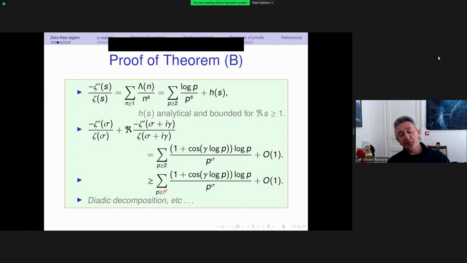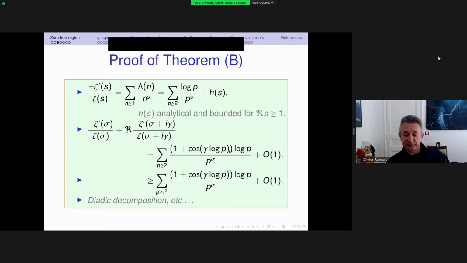What happens is that the real part of 1 upon p to the s, or 1 upon p to the σ plus iγ, gives you this cos(γ log p). So the coefficient you get on top here is 1 plus cos(γ log p), which is non-negative.